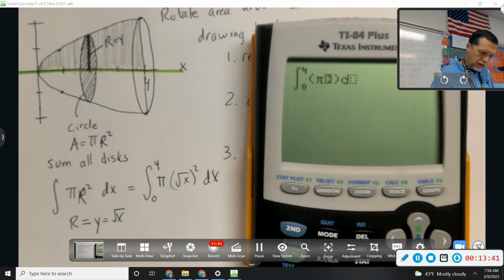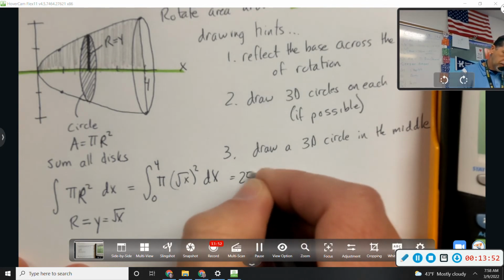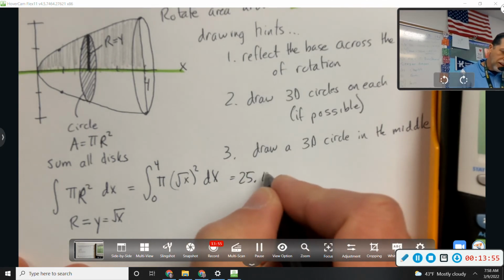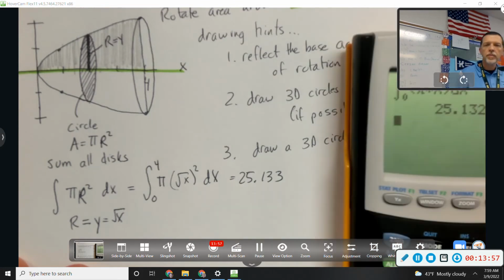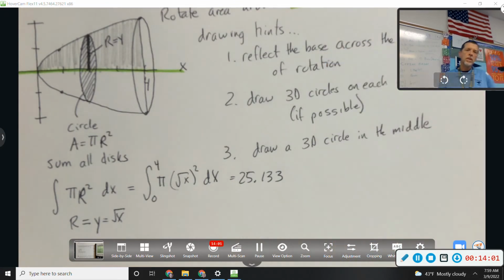Pi times x dx. And let the calculator do the work. So my volume is 25.133. So you get the connection with yesterday, how it's the same, adding up the slices, but it's different because they weren't built by slices, they were built by revolving something.